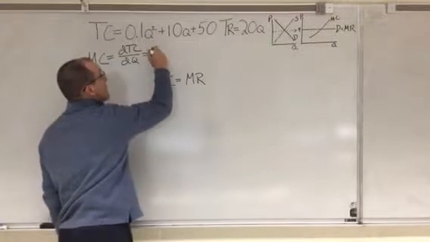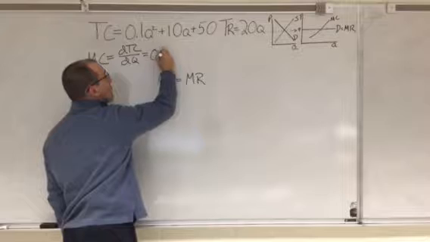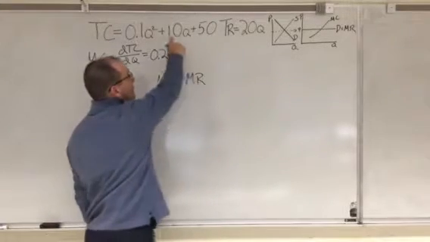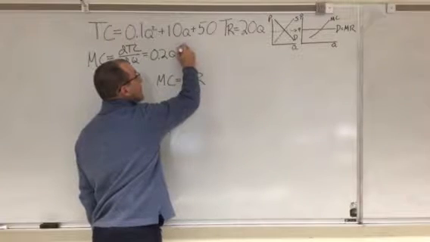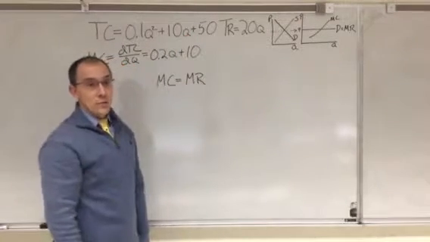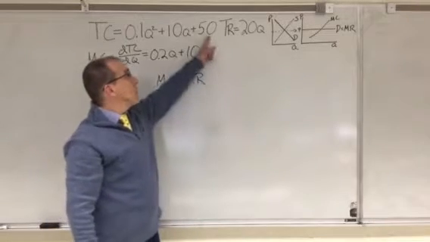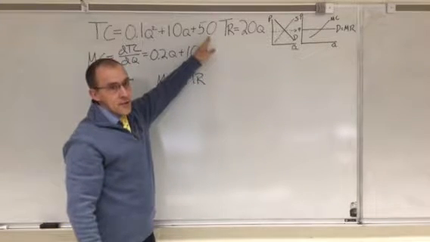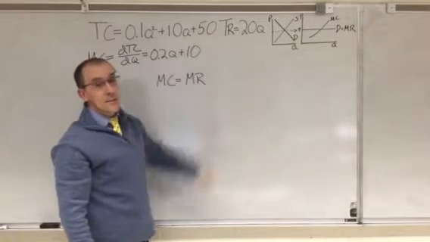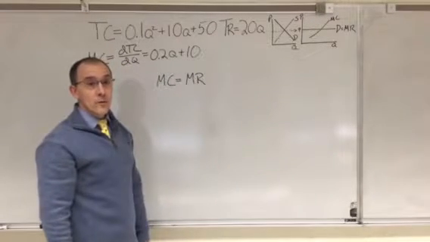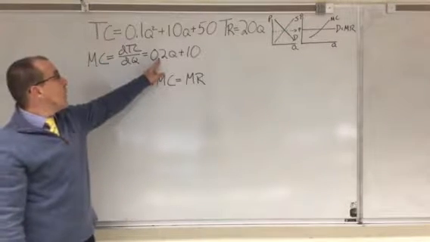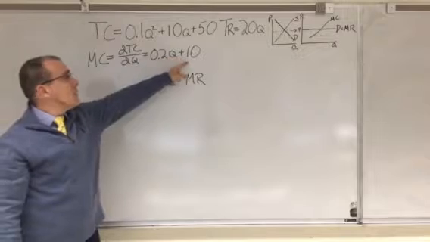So the 2 comes down, and this becomes 0.2 Q, and 10, because this is Q to the 1, so the Q simply drops out. The 50, which is my fixed cost for this company, I don't think about that because that is a constant and there's no Q variable attached to it. So my marginal cost is quite simply now 0.2 Q plus 10.